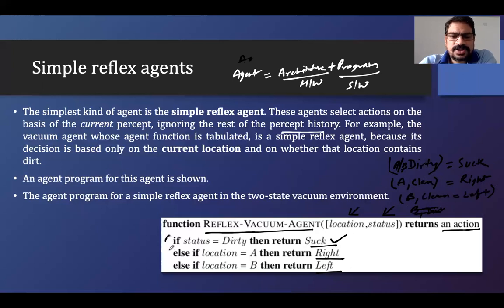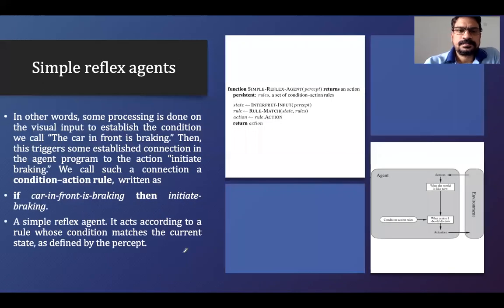With this particular logic, I will provide it to the agent, and this agent will work accordingly and do these particular actions. Now let's see the simple reflex agent architecture and how it looks.